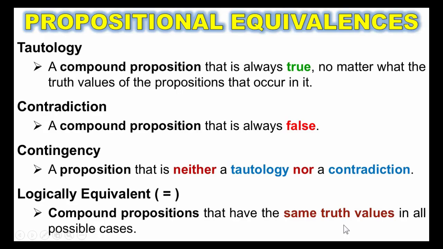A tautology is a compound proposition that is always true, no matter what the truth values of the propositions that occur in it. A contradiction is the opposite of a tautology.